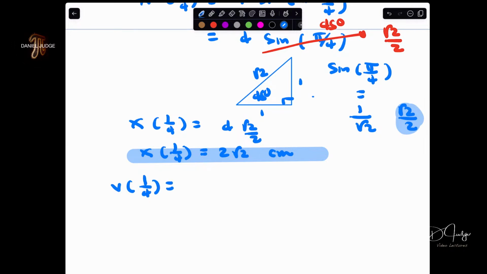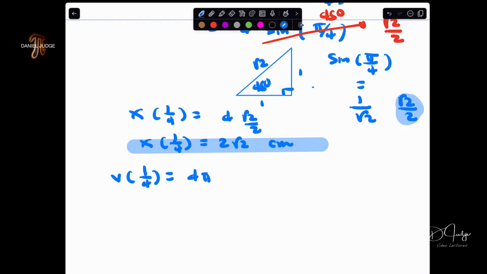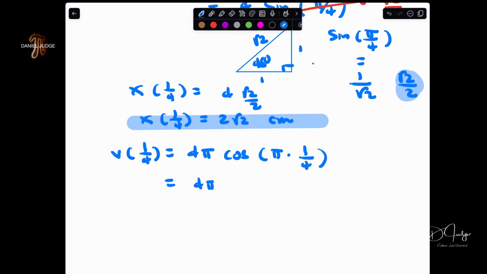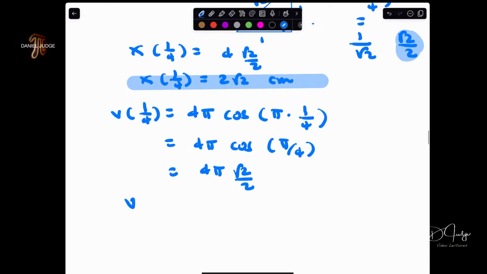V of 1/4, go to the velocity function, 4 pi cosine pi t. Well, t is 1/4. So 4 pi cosine pi over 4. And again, using the same special triangle, that's the square root of 2 over 2. So some of you guys may know that. 2 pi square root of 2 centimeters per second. This here is the velocity now.